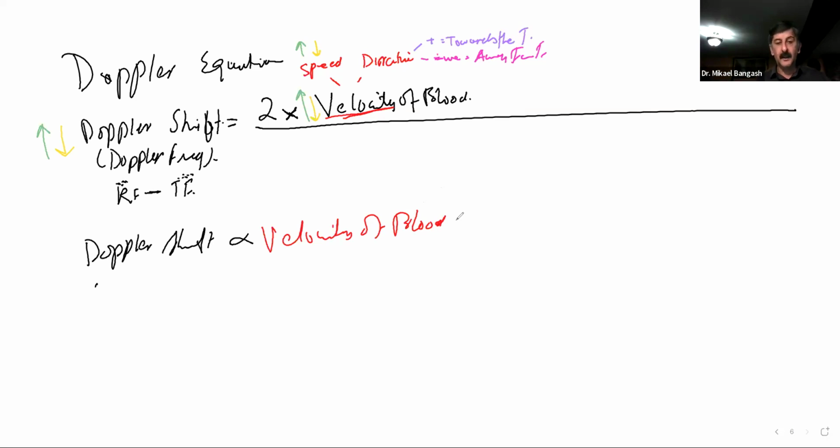Which practically we could just say the same, that it will be directly proportional to the speed of blood. Because as far as the velocity is concerned, the positive and negative are just terms of direction.